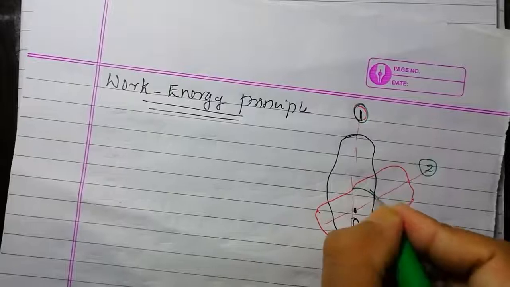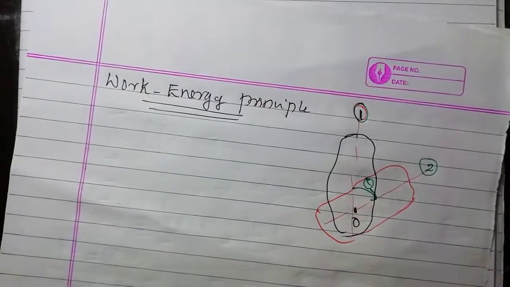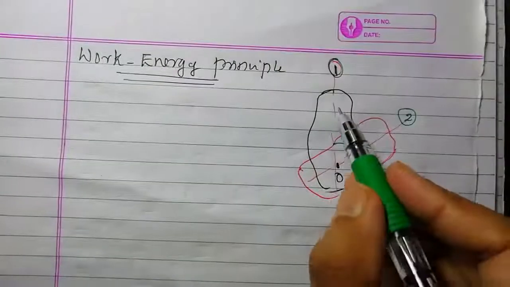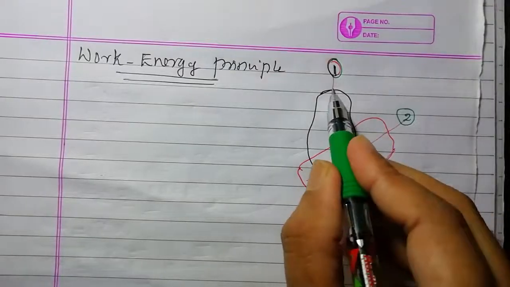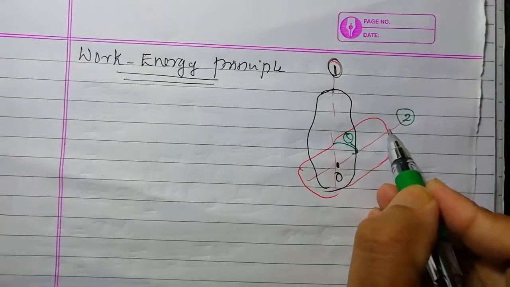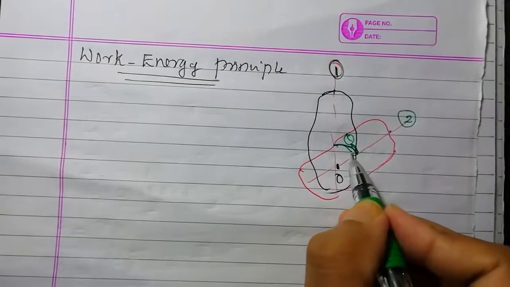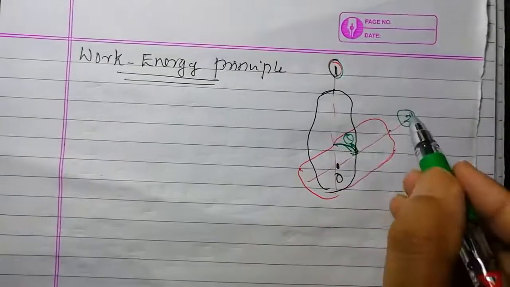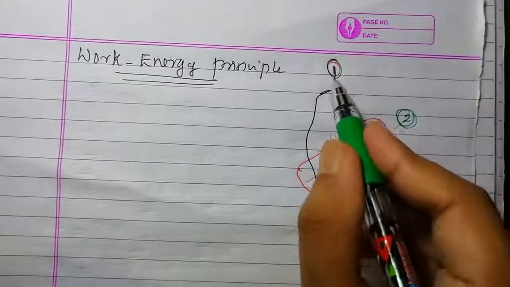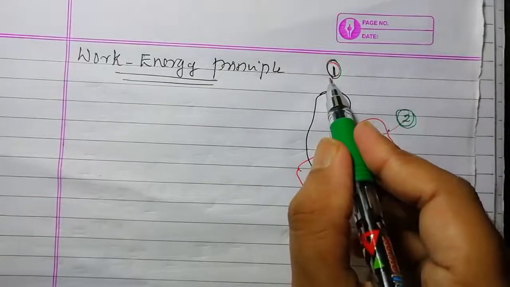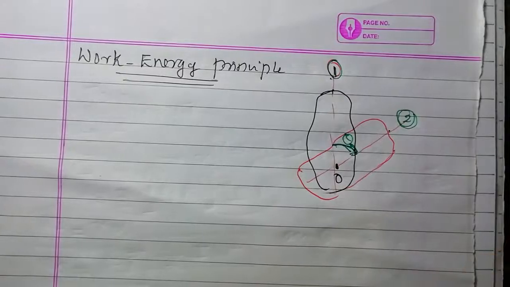It is rotated by an angle theta. Now the work required in order to rotate from point 1 to point 2, or to displace this much angle theta, is equal to kinetic energy at point 2 minus kinetic energy at point 1. That is the work energy principle.